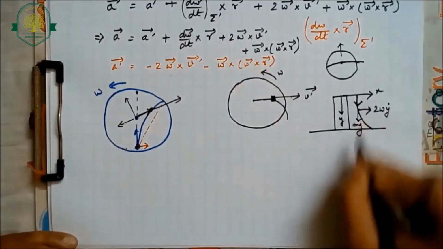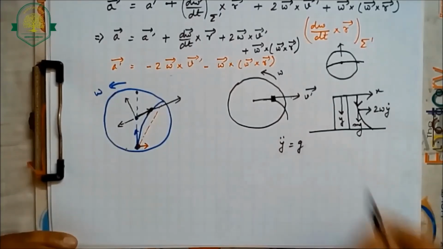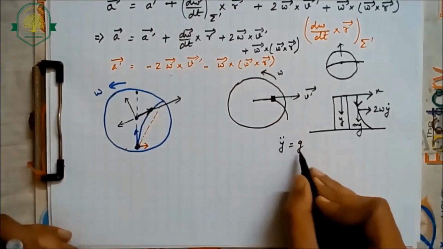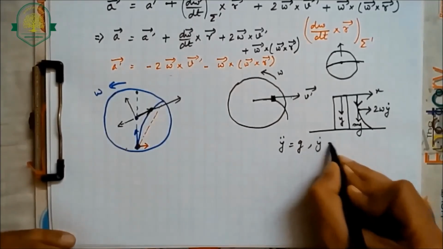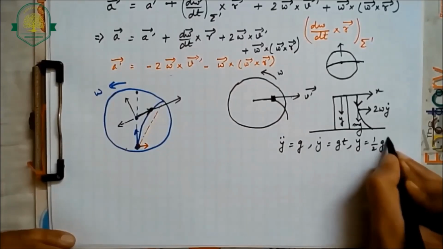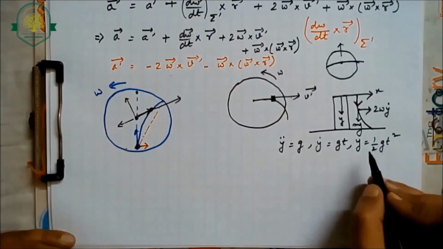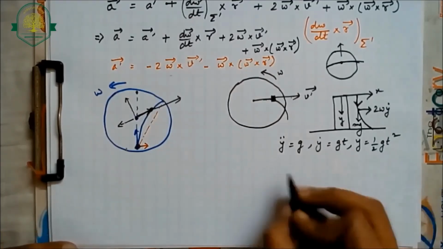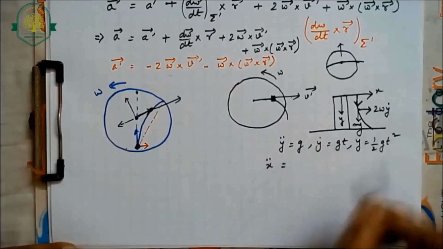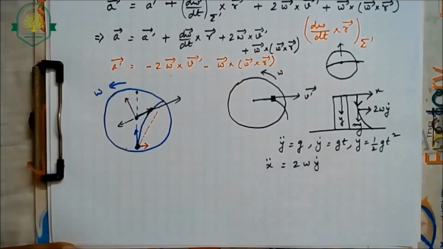So the downward motion of the ball will be represented by the usual formulas, which is the double derivative of the y coordinate is simply g, the single derivative will be gt, and y will be half gt squared. Similarly, the double derivative of the x coordinate, that is the x acceleration, is 2 omega y dot.